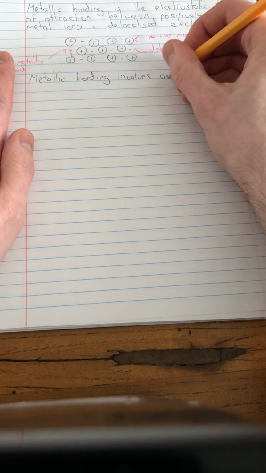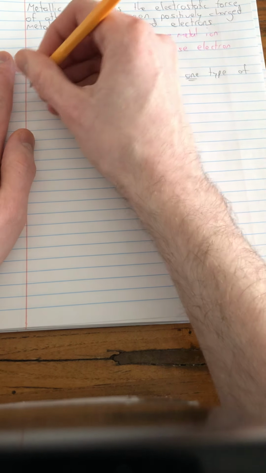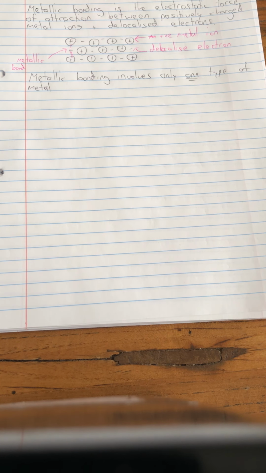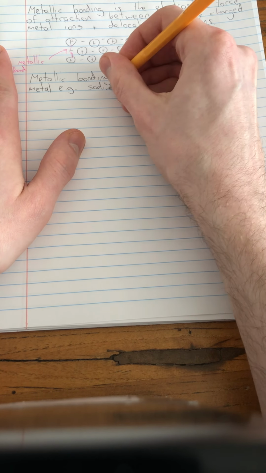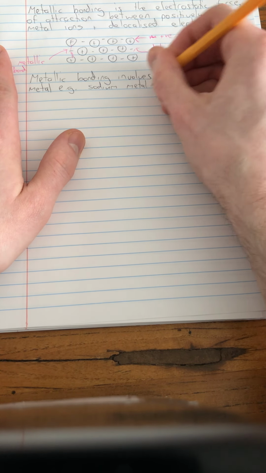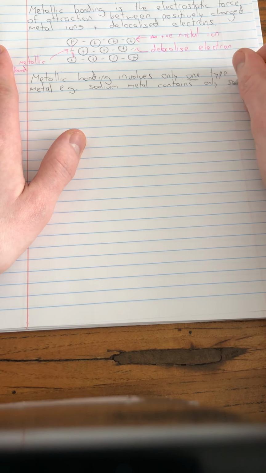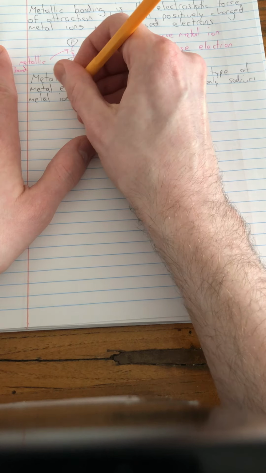So you can't get metallic bonding between sodium and lithium, you can't get metallic bonding between copper and calcium, you can only get metallic bonding within copper, within zinc, within sodium, etc. So for example, sodium metal contains only sodium metal ions.